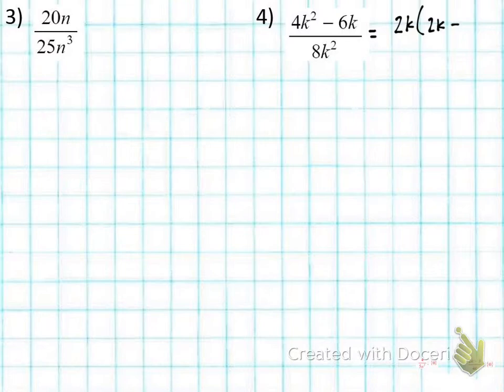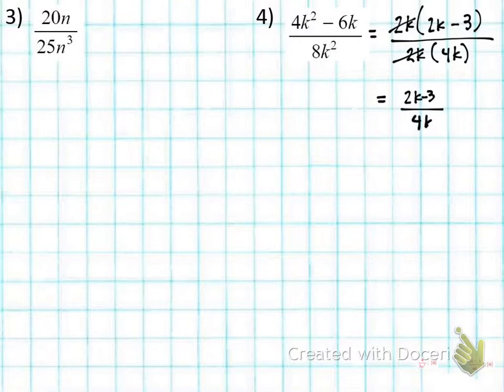Negative 3, good. The denominator, what's a common factor I could take out? 2 and k. 2k times what is 8k squared? Good. What can I cancel out now? 2k. So all we've got left is 2k minus 3 over 4k.